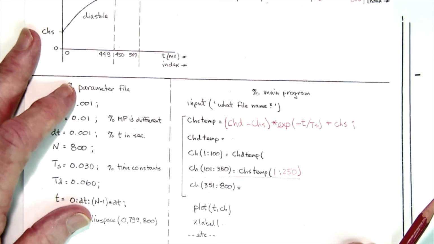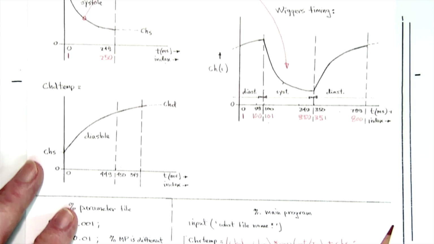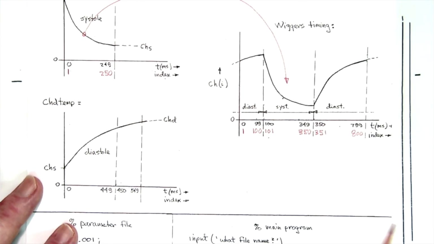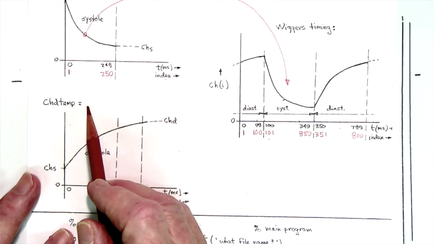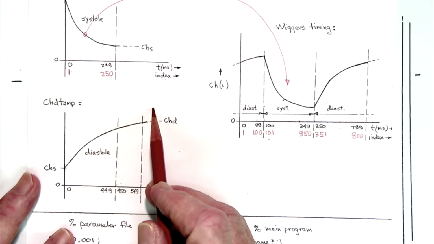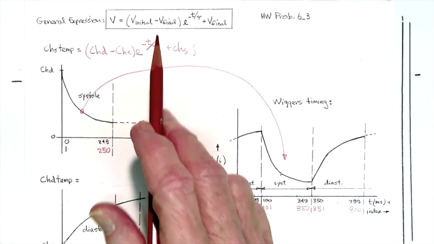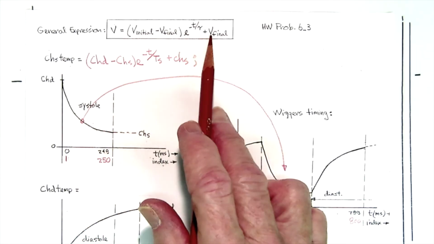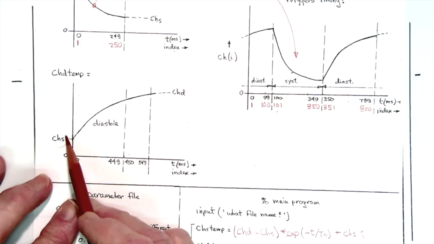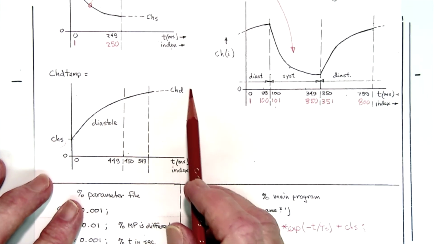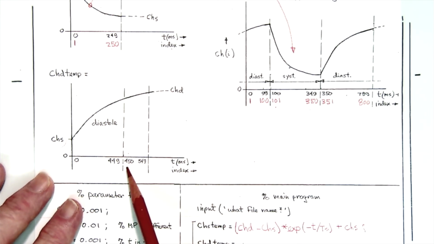Now, I'm going to let you finish this out to do the homework in the following way. You need to now generate the temporary equation for CHD, for diastolic CHD temporary, and you're going to use this same general expression, except you're going to put in different values for the start value of CHD temp and the end value for CHD temp, and you'll put in its time constant.